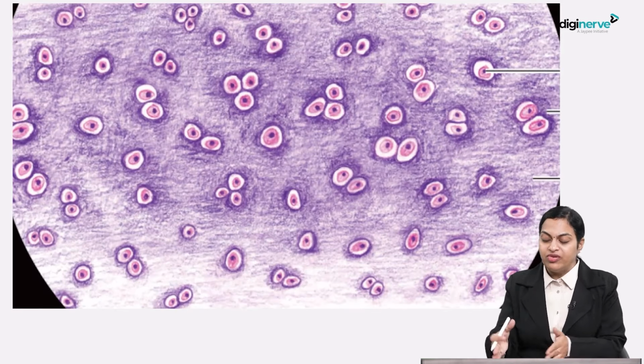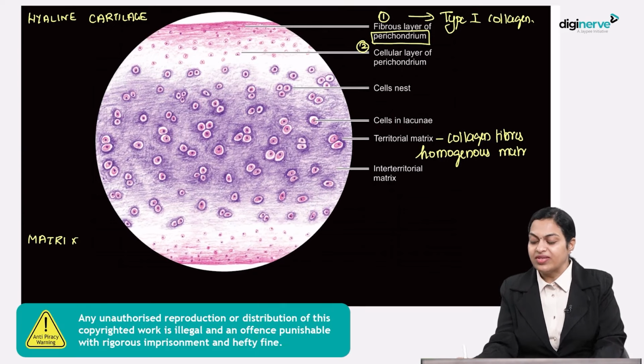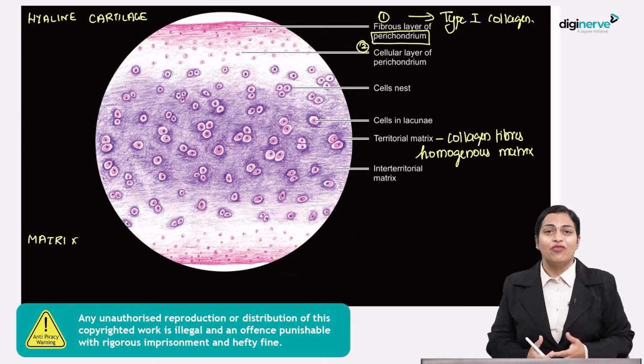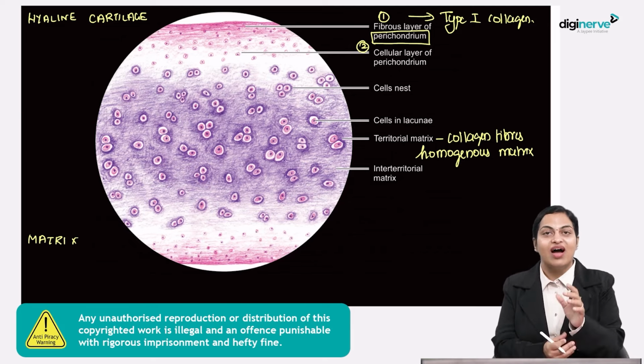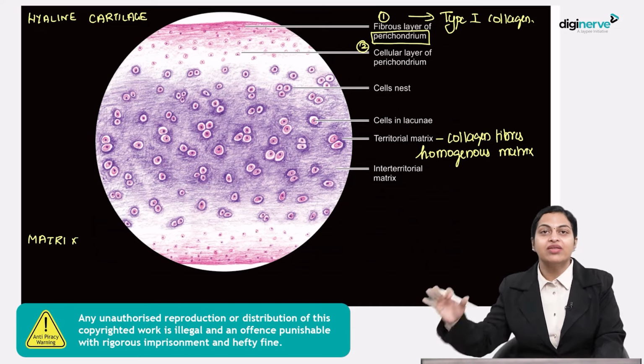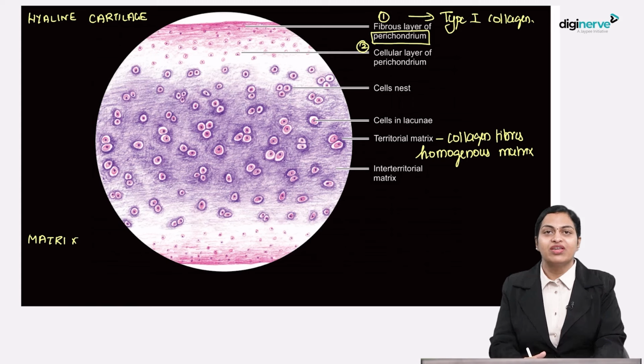So you'll not be able to see any fibers within the matrix. Hence, we call it a homogeneous matrix. This term is very exclusive of hyaline cartilage. The term hyaline means glass-like, a transparent matrix, because the collagen fibrils have the same refractive index as that of the ground substance in the matrix, right?